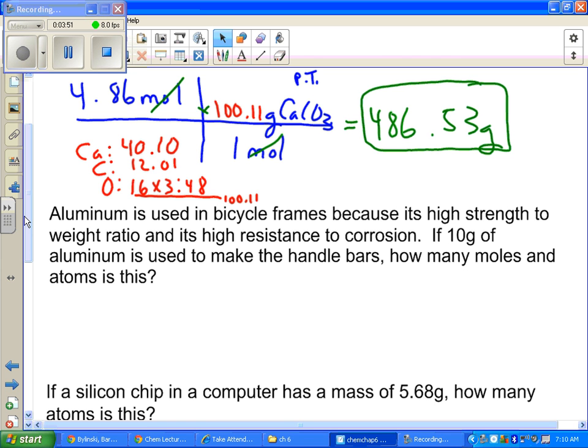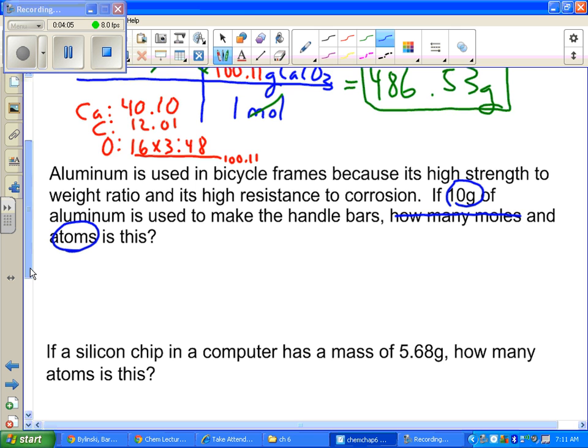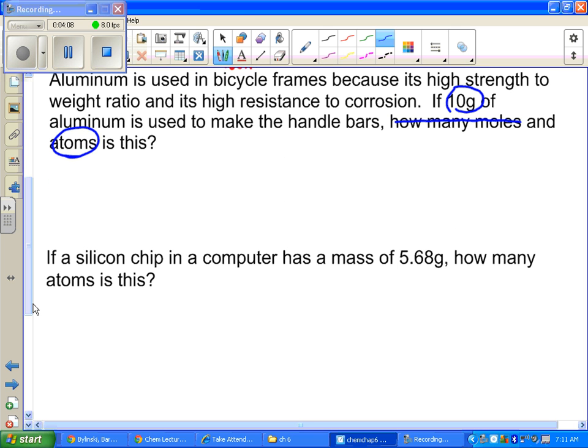We will skip this step right here. We're just going to go from grams of aluminum to atoms. So this is a gram to atom problem. You start with the number given.